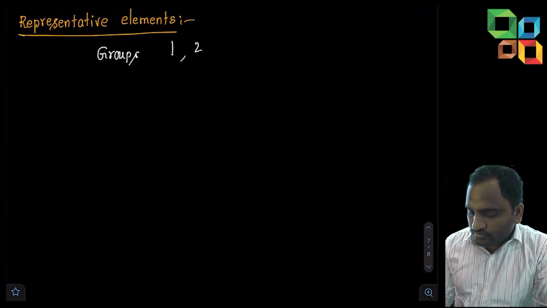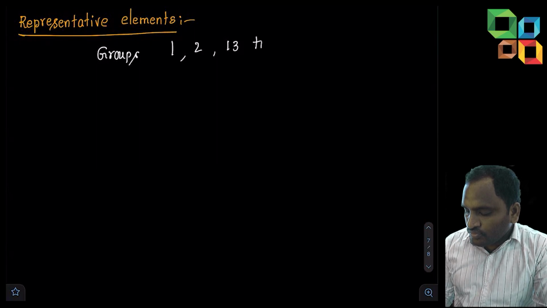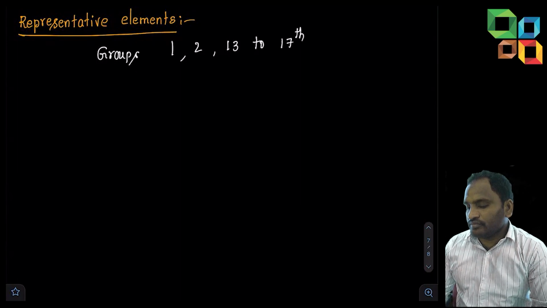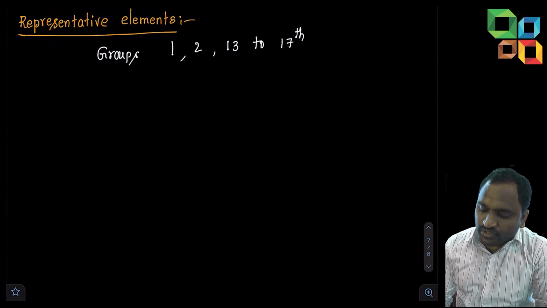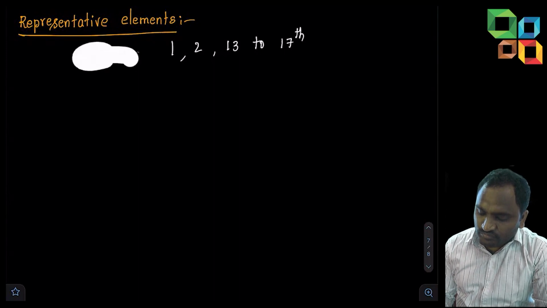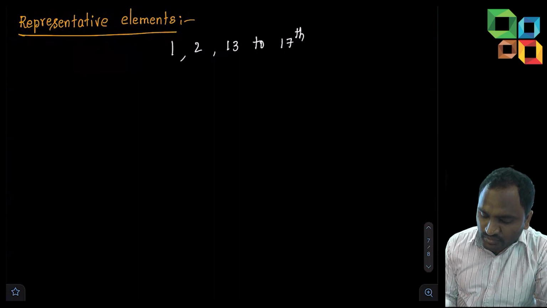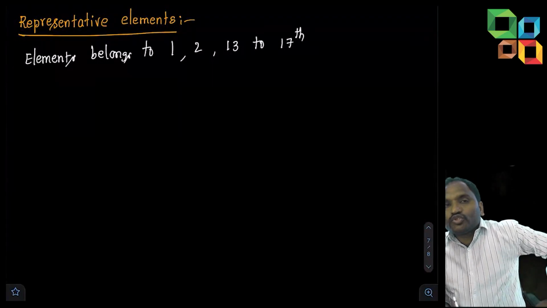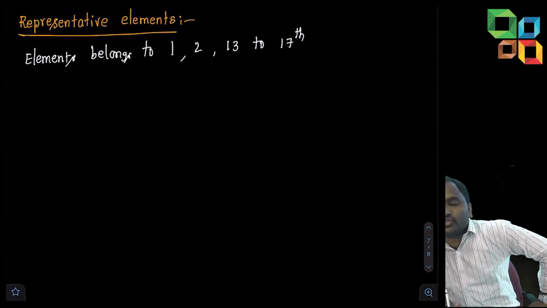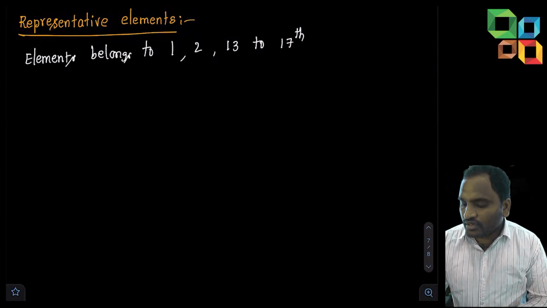Elements of the groups, first group, second group, 13th to 17th are called representative elements.